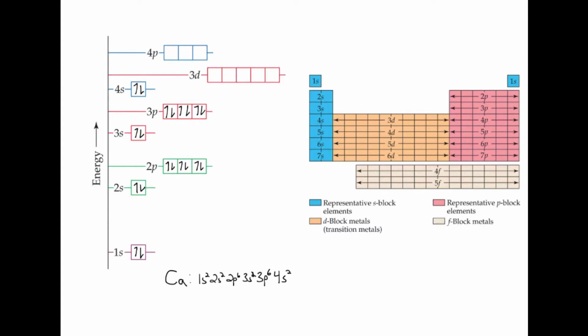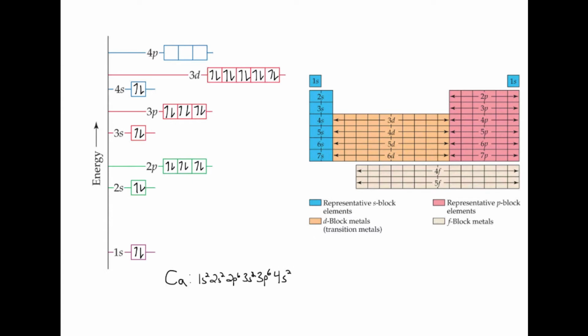So for example, let's consider zinc. Zinc would be the last one here, right? And so if I fill all those in, we can see that I would have a D10 system. So 3D10, there we go.